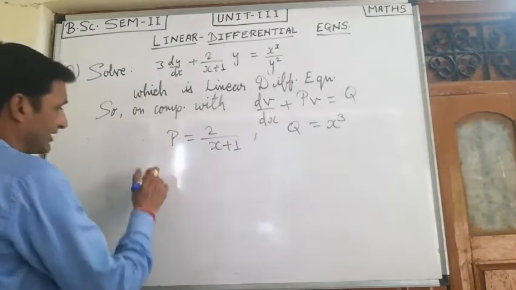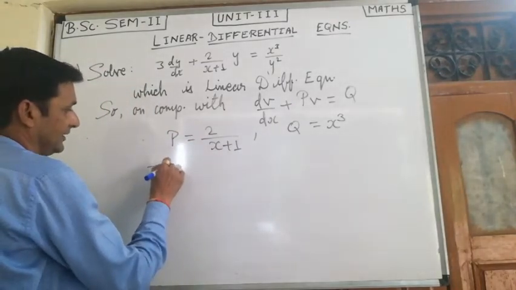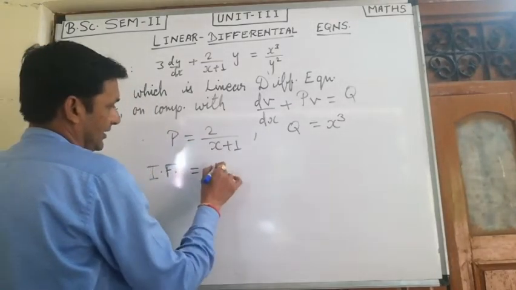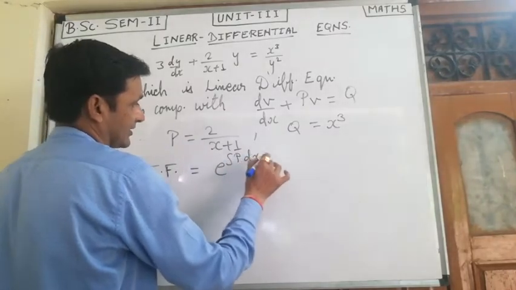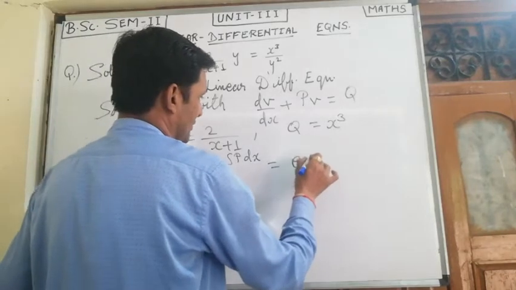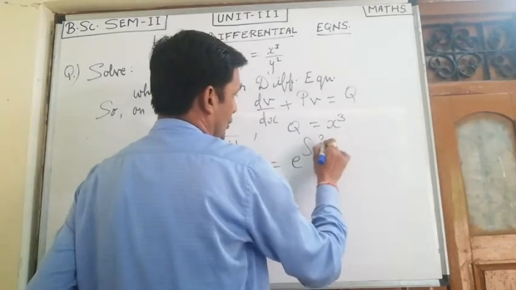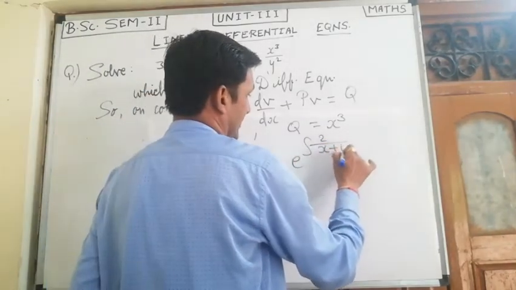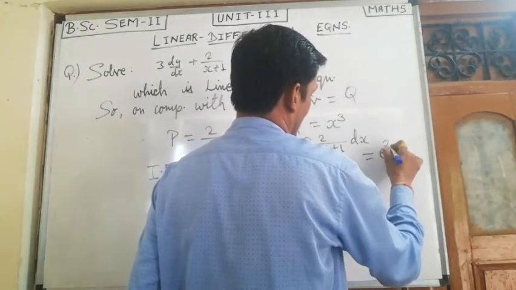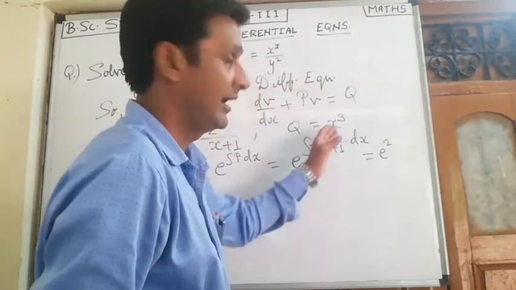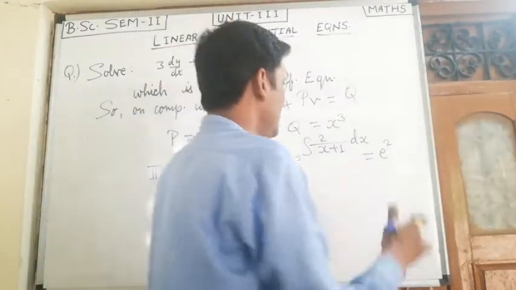So integrating factor is e raised to the power integration p with respect to x, which is equal to e raised to the power integration 2 upon x plus 1 with respect to x. So it will be e raised to the power 2 is taken common, and 1 upon x plus 1 integration will be log x plus 1.